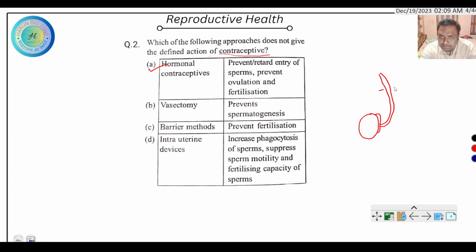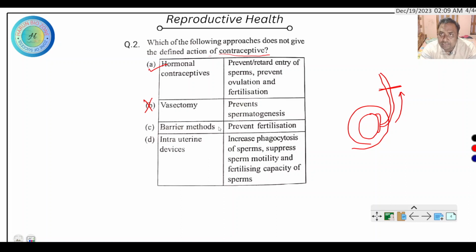If the vas deferens is cut from here, the sperm do not move from testis to urethra. This is called vasectomy. Prevent spermatogenesis? Vasectomy prevents the movement of sperm from testis to urethra, it does not prevent spermatogenesis, because spermatogenesis occurs in the testis. So this is wrong.